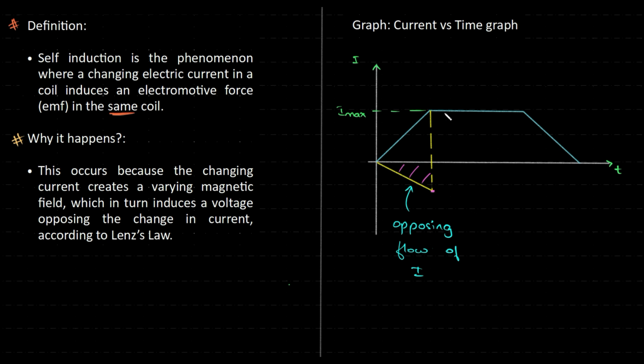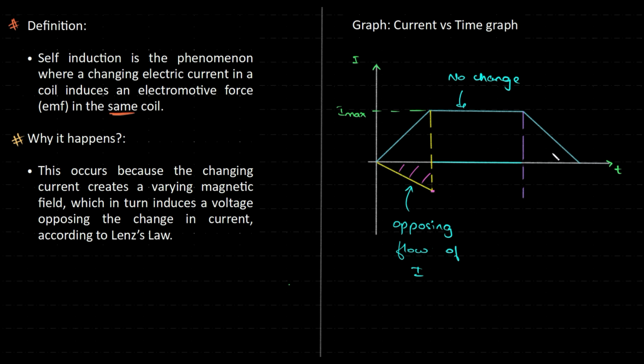Okay, guys. Now here there is no change. So no change. So the current will be nothing over here. Right? That is opposing current. But here, what will happen? There is decreasing current, is it not? There is decreasing current. So what will happen over here?